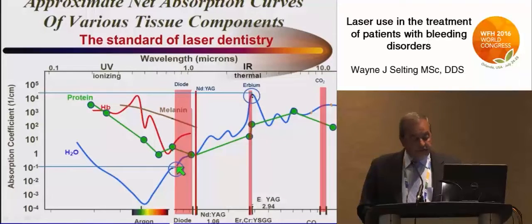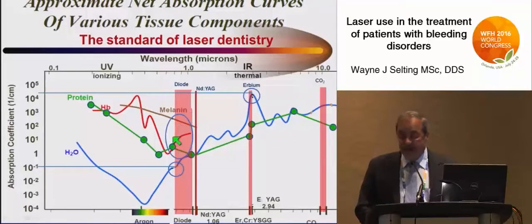The major tissue chromophores, and tissue, particularly mucosa, is made up of about 90% water, 10% proteins. If you look, you see that with the diode, there is almost no absorption at all in the major component, which is water.